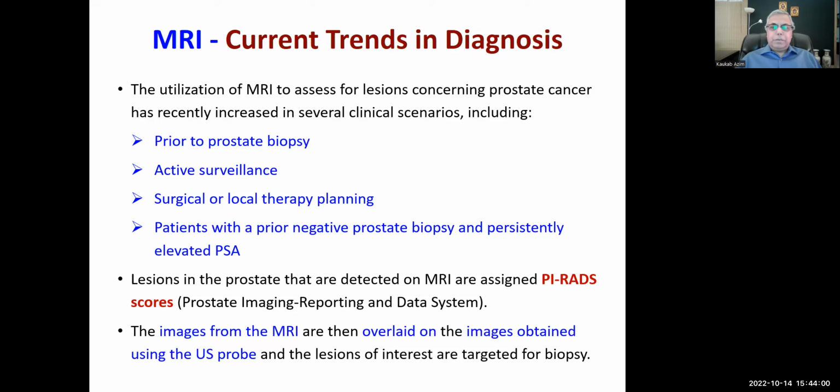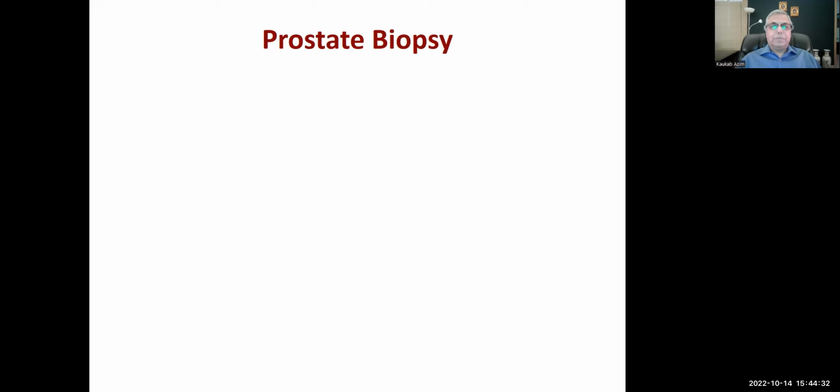The radiologist then overlays the MRI images over the images obtained using ultrasound, and that helps us in targeting specific areas of the prostate gland for obtaining biopsies. Although we obtain a number of biopsies from different areas, remember that the most common region of the prostate, where 70% of prostate cancers arise, is the peripheral zone of the prostate gland.